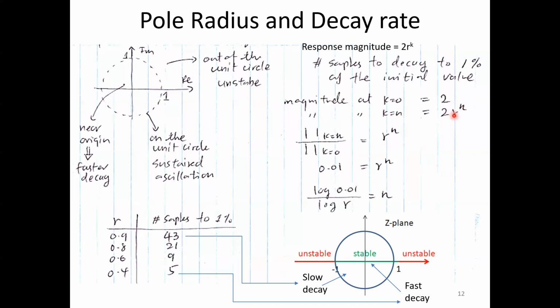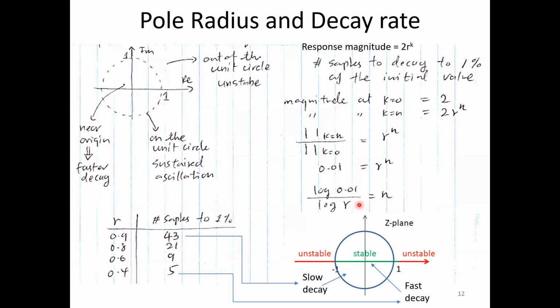So now you get the ratio: the amplitude at time equals n over the amplitude at time equals 0, which is r to the n. And what we want to calculate is the number of samples required until the amplitude drops to 0.01, 1%.